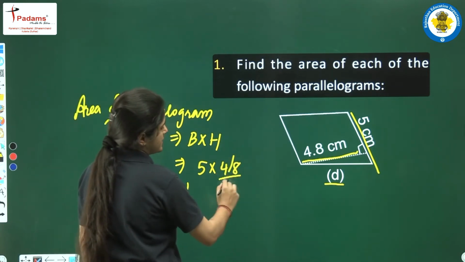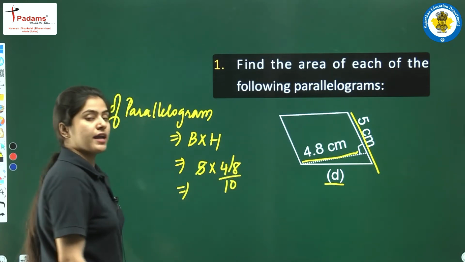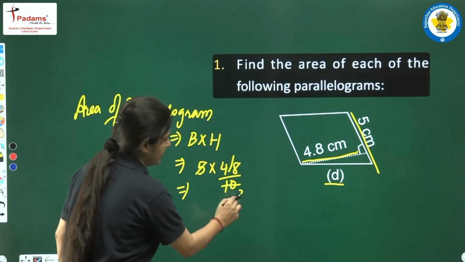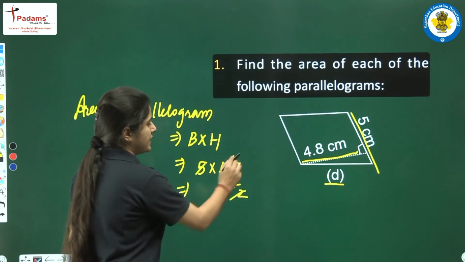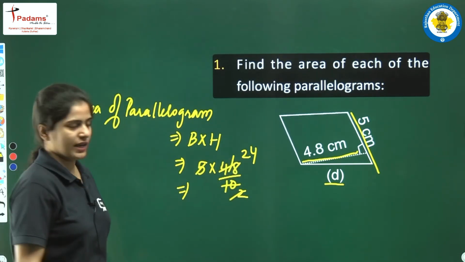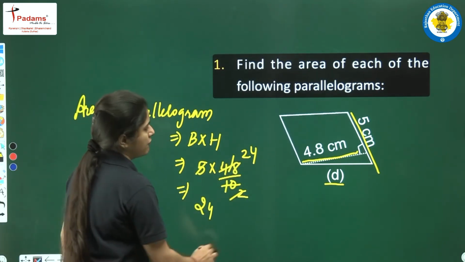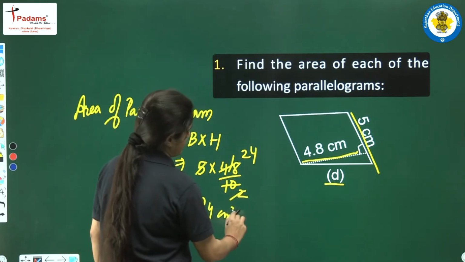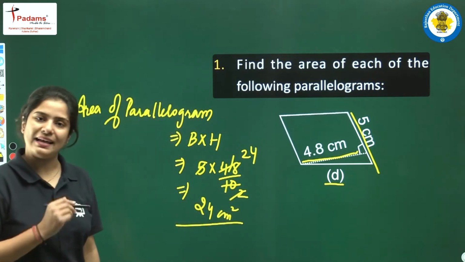So this is over 10. 5 into 2 is equal to 10, and 2 into 24 is equal to 48. Okay, so students, the answer is 24 centimeter square. This is the area of the parallelogram.